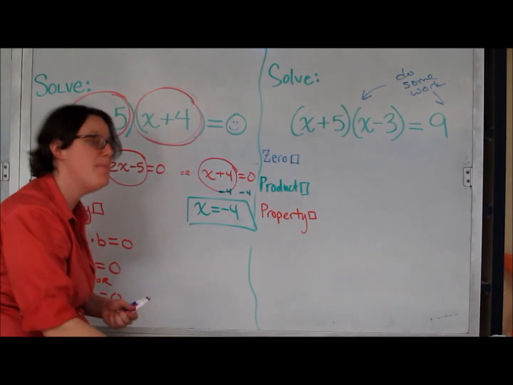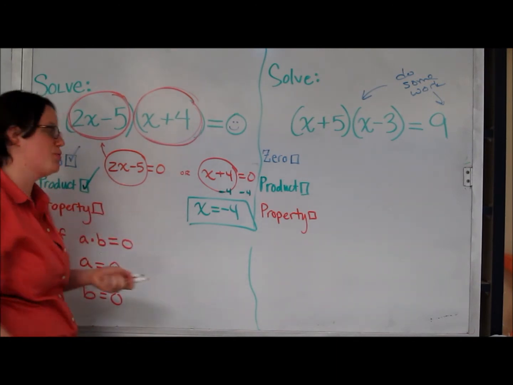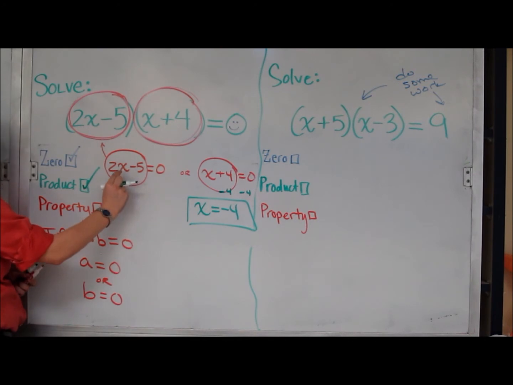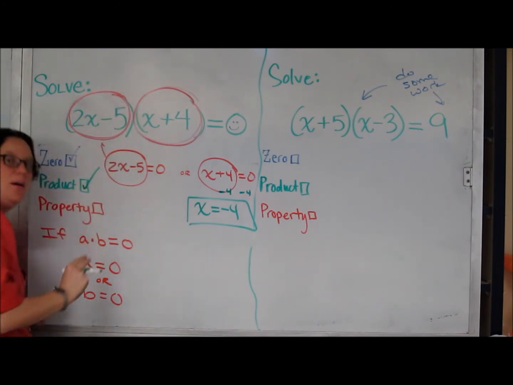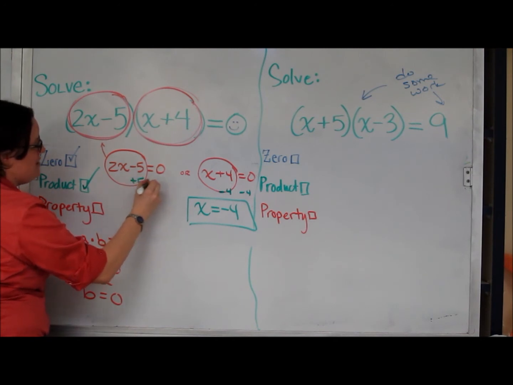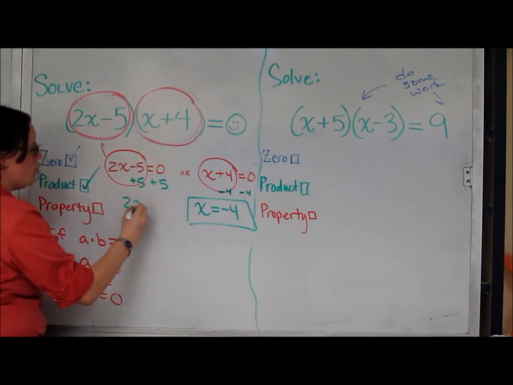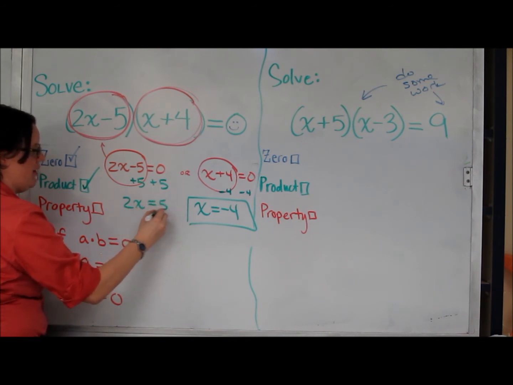Don't be intimidated by having more stuff here. Simply use your existing algebra skills to solve for the value of x that would make this whole thing become 0, making the equation equal 0. I will add 5 to both sides, and that gives me that 2x should be equal to 5.